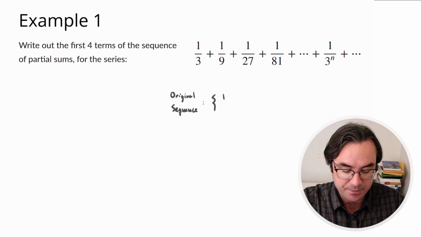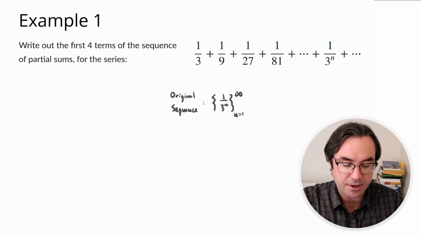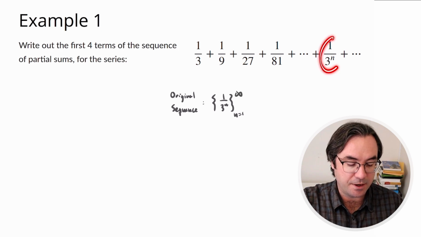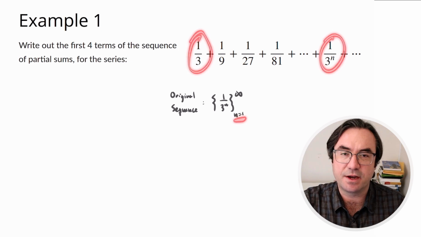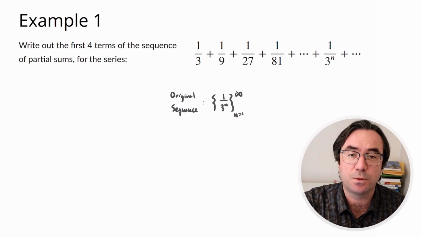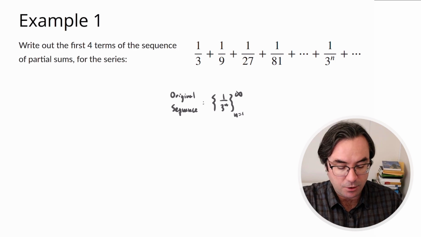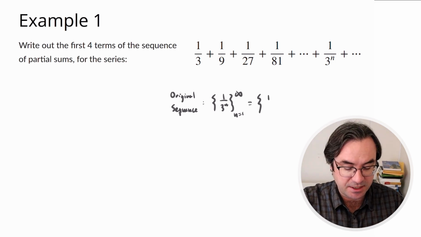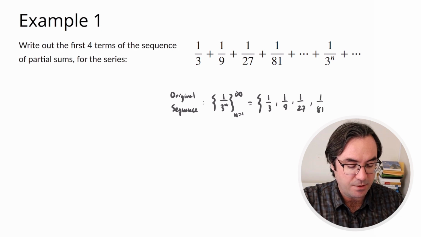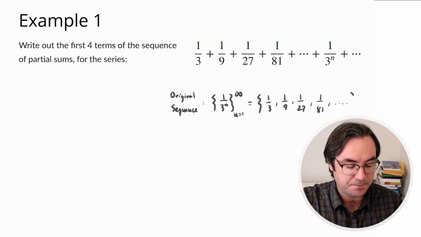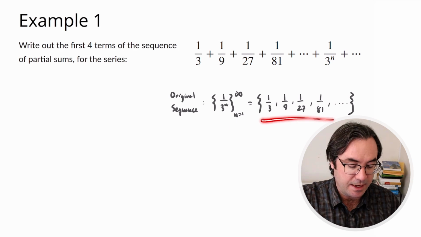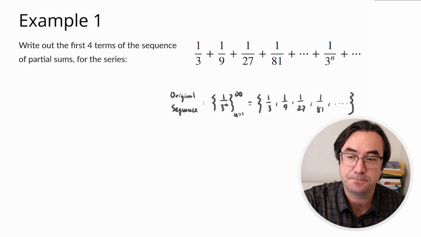This sequence is going to be 1 over 3 to the n, and n equals 1 gives us that first term, so it starts at n equals 1 and goes to infinity. So our original sequence is just this list: 1 over 3, 1 over 9, 1 over 27, 1 over 81, and so on. It's just the terms listed out.